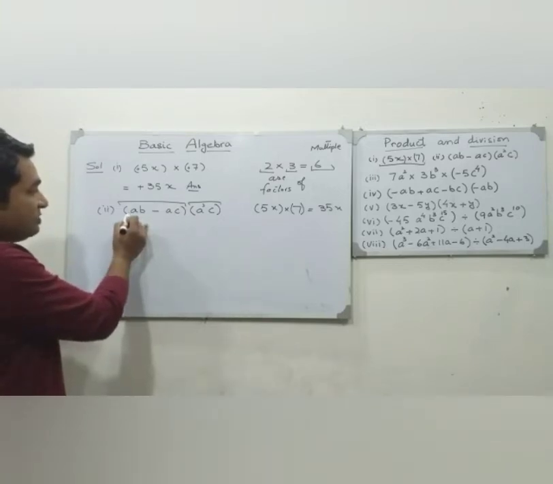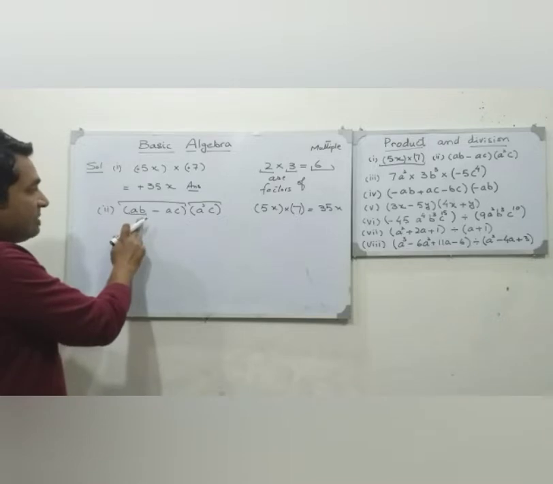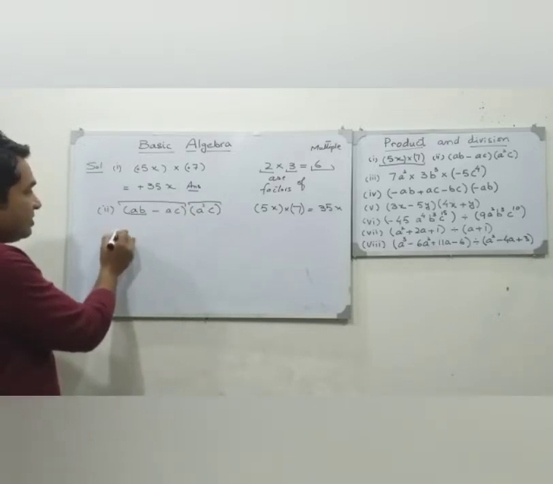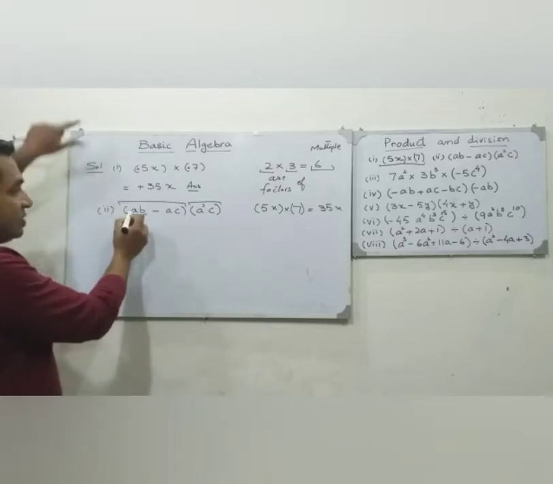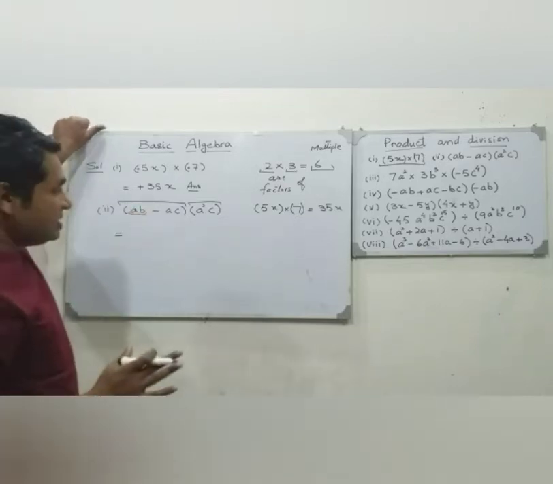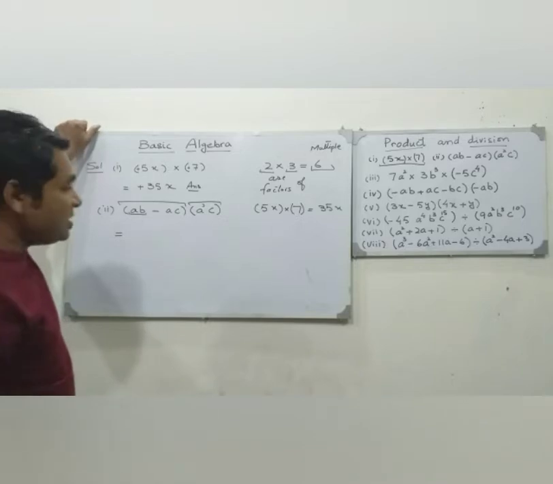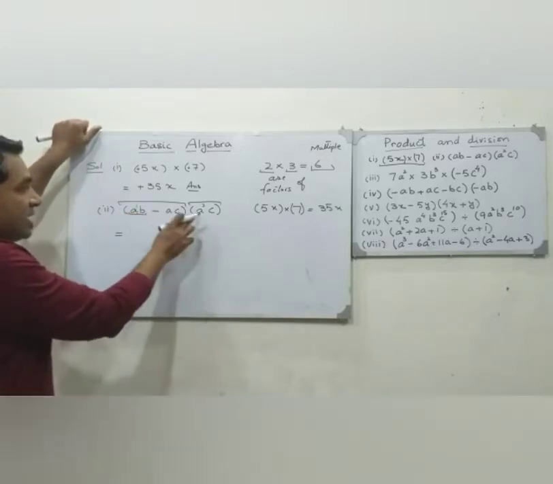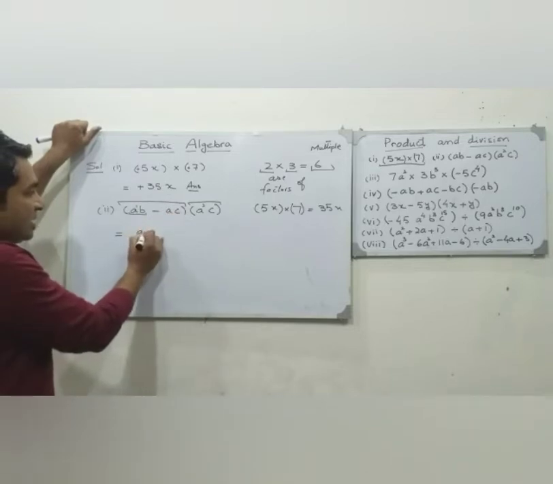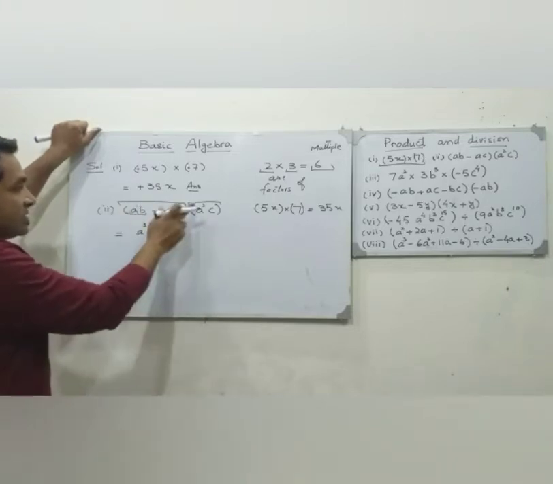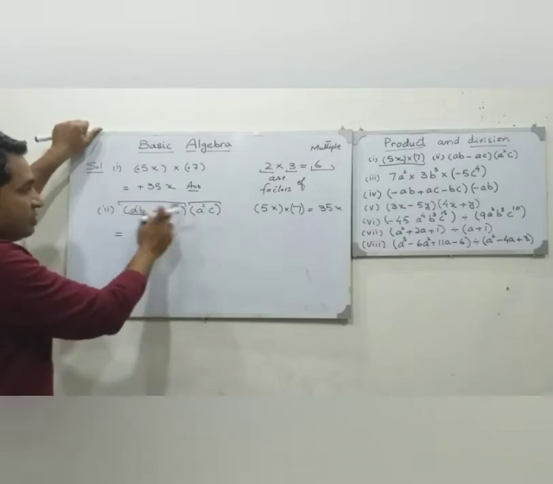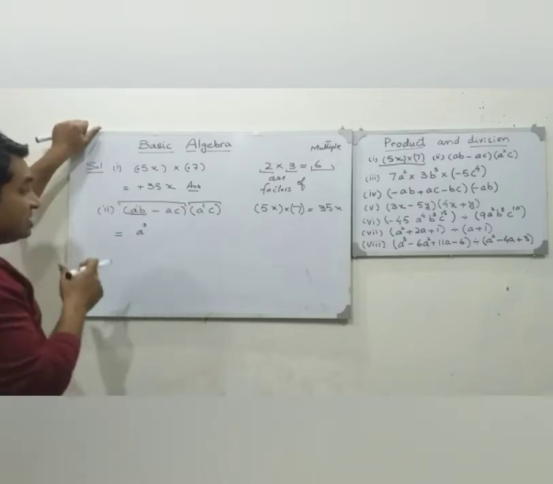First we will multiply AB by A square C. If you know a little bit about indices, you know that the power of A is 1. So A times A square is A cube, because the powers add: this is 1, this is 2, they add together and become 3.